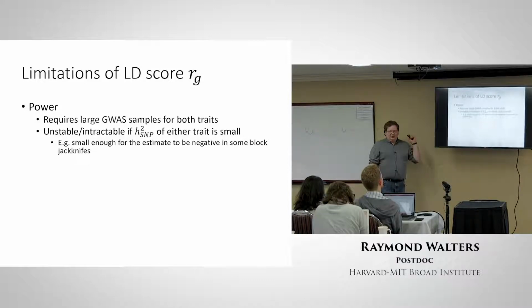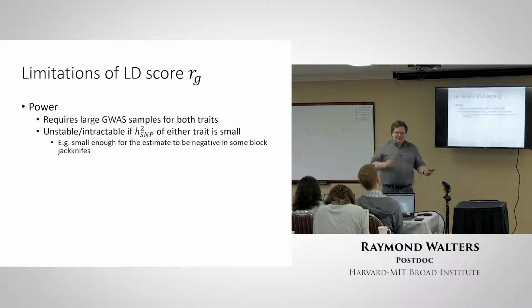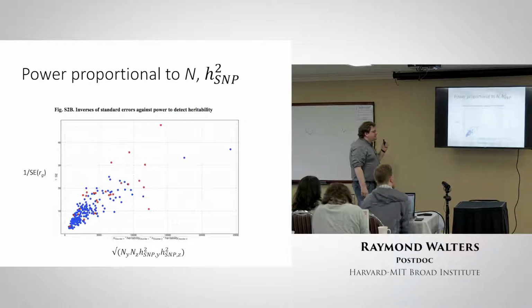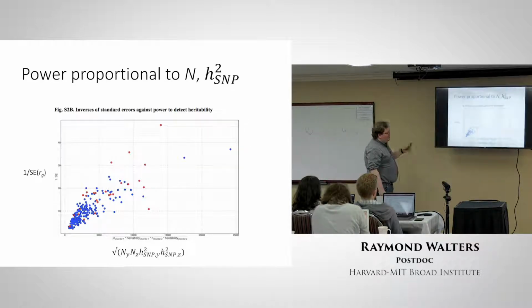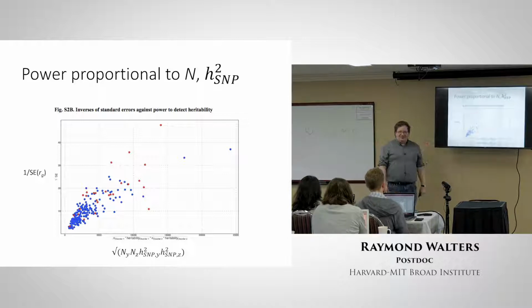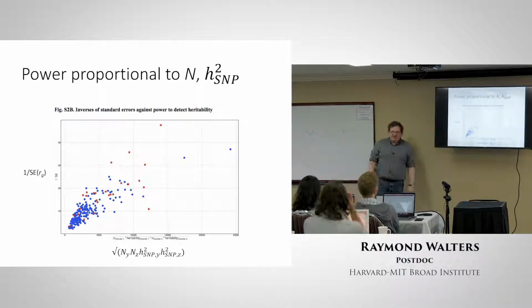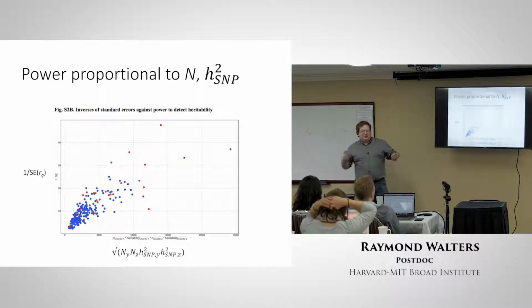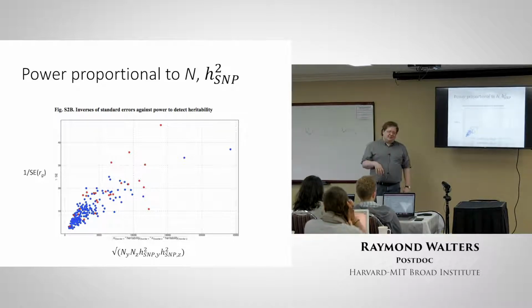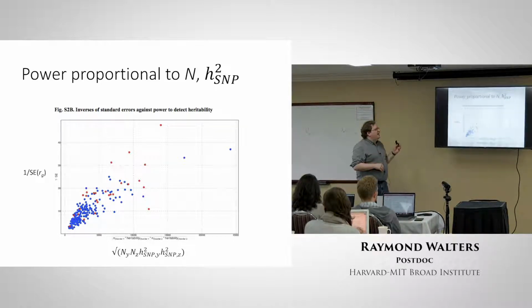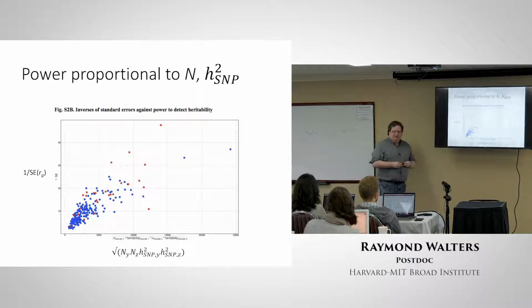Cool. So limitations. Power considerations are pretty good. This is the one place where we maybe have started to make quantitative statements. Since we're on block-jackknife standard errors, it's hard to make analytic statements. But you run this thing enough times with enough traits, maybe you observe how it behaves empirically. And so these are results from the Brainstorm consortium that looked at genetic correlation across a lot of psychiatric, behavioral and neurological traits.